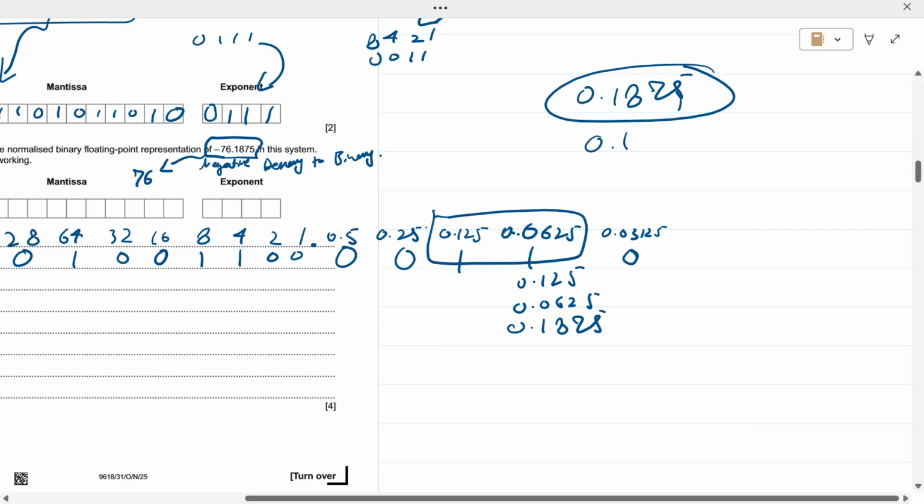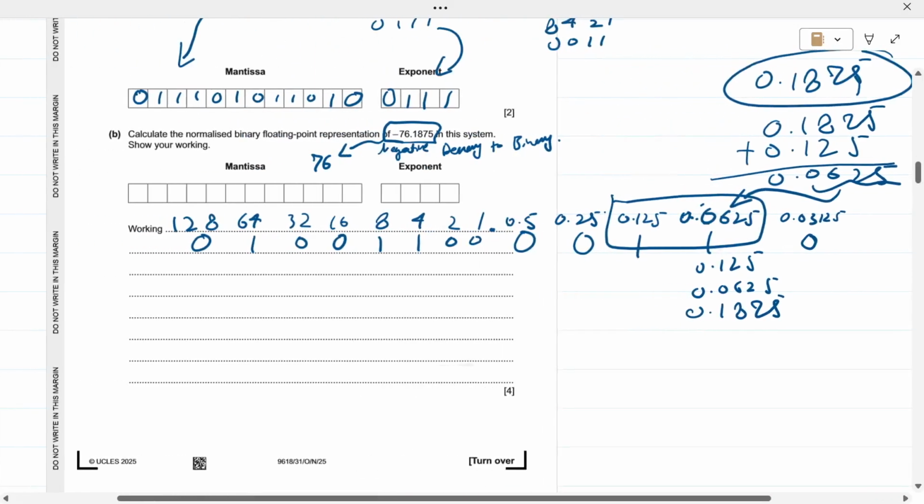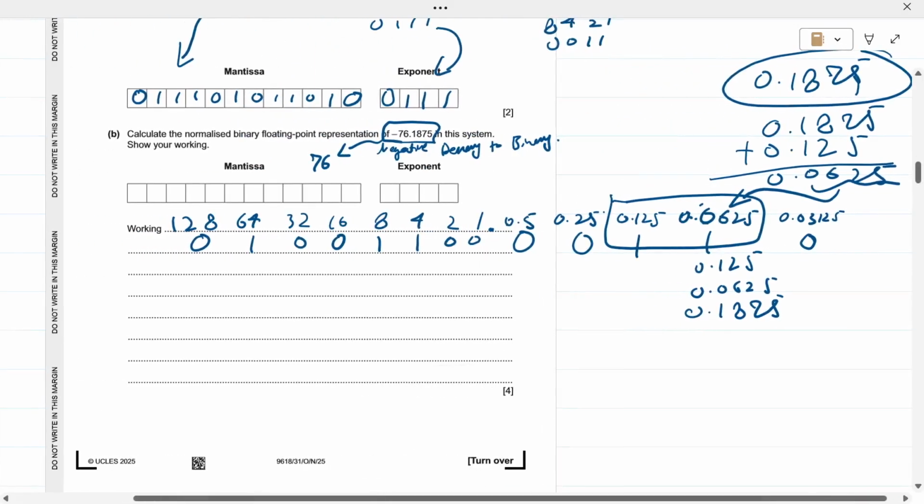So you take 0.1875 and subtract from it 0.125, what's closest to it, so that you can see what else you need. And that is obviously going to give you 0.0625, right? And once you have this, these are the two ones that I need. And this is how you can get it for yourself, right?